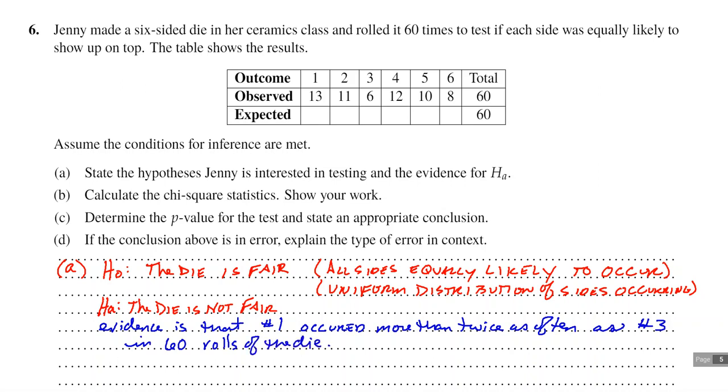Number 1 occurred 13 times, while number 3 only occurred 6 times. So that would be our evidence that the die is not fair.